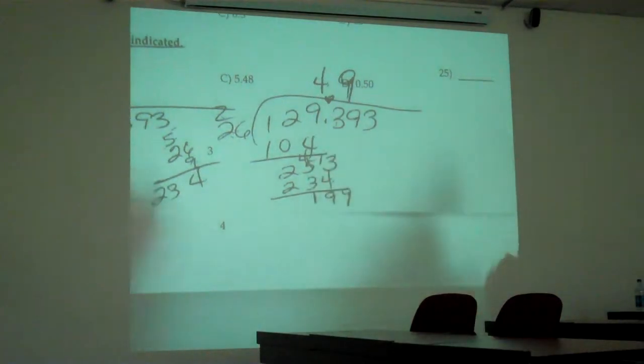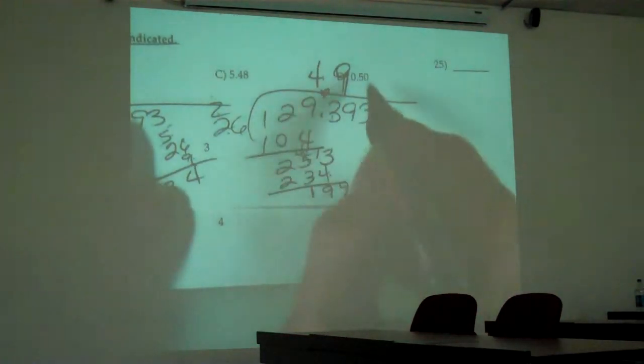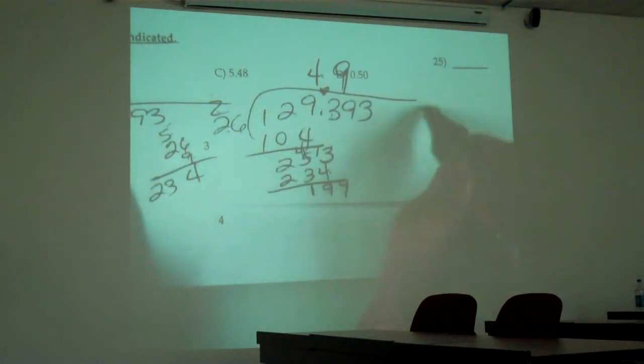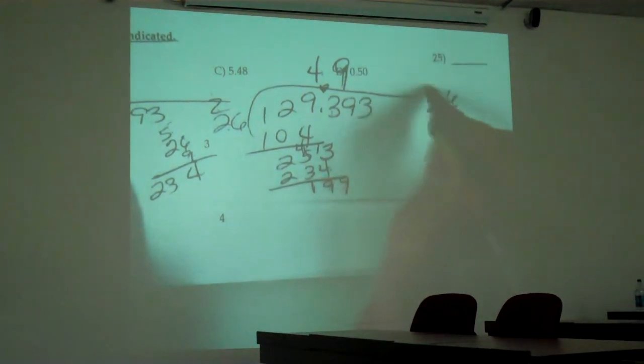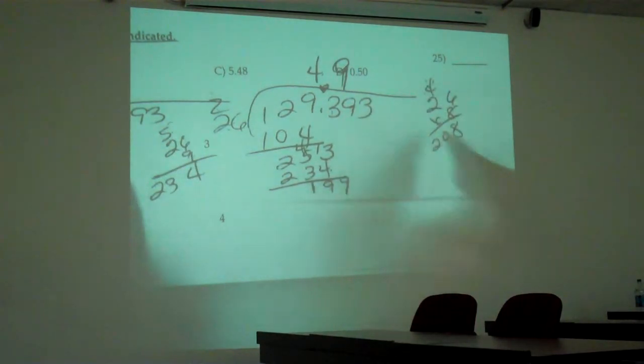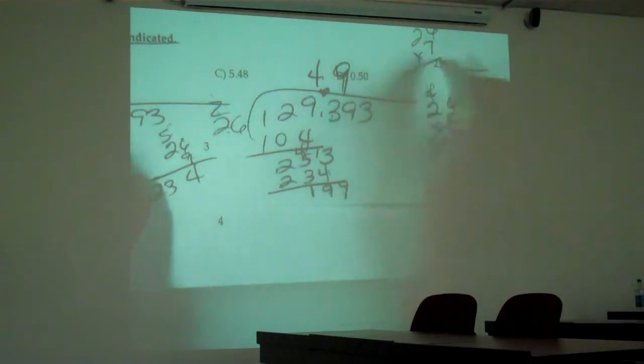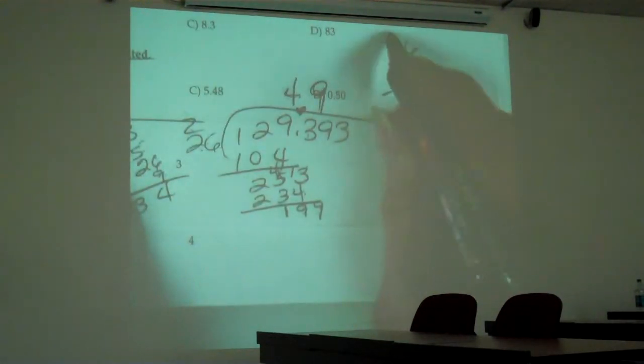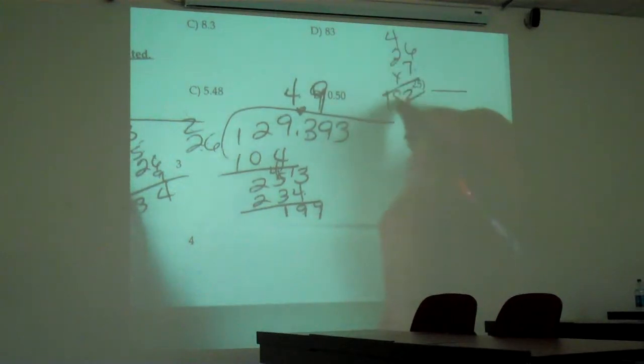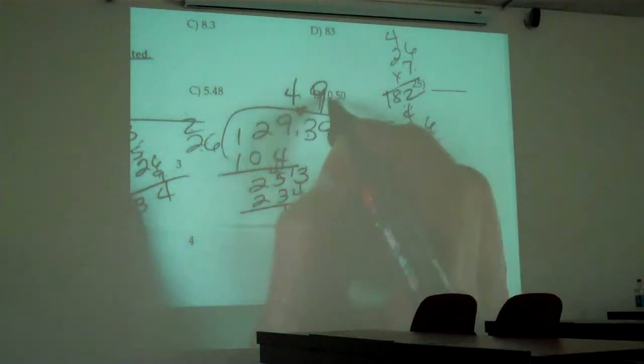Okay, so what? 199? Let's try 8. 48, 16, 17, 19, 20. That's too much, huh? Let's do 26 times 7. 42, 14, and 182 is good, right?